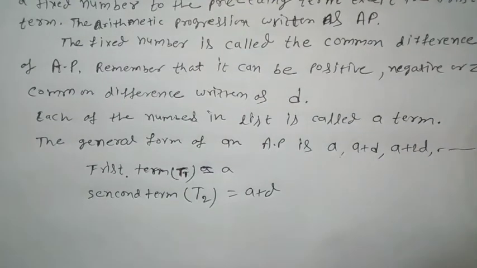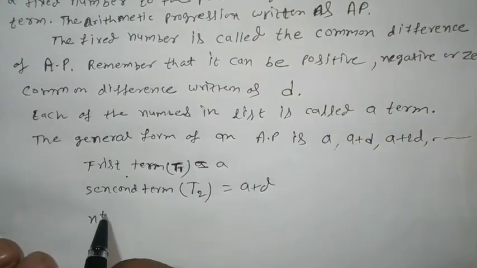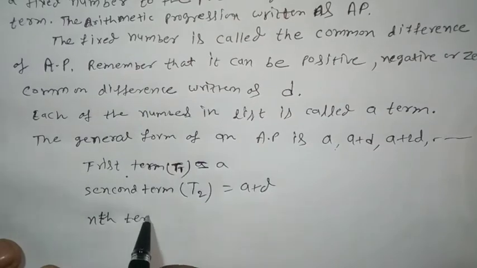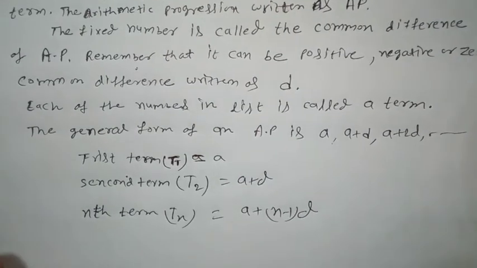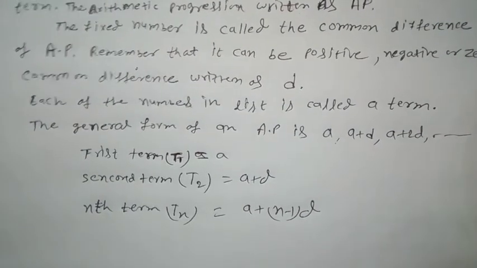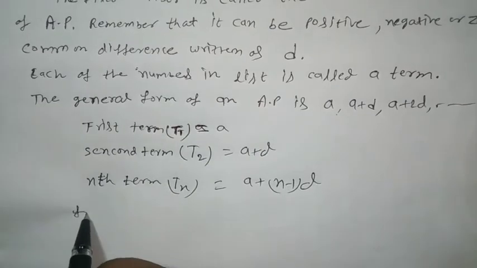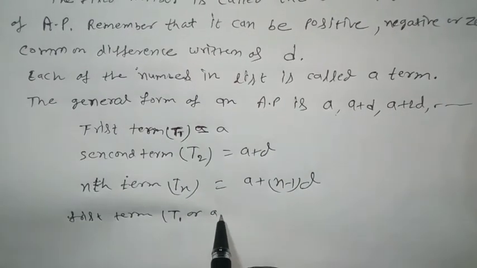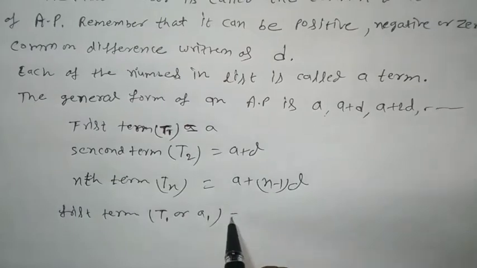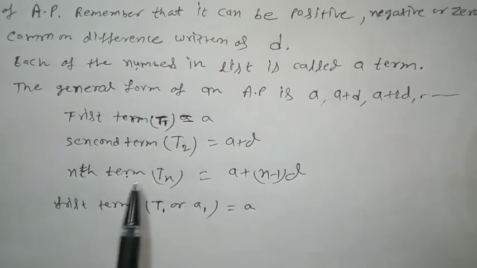Now the nth term Tn is equal to A plus n minus 1 into D. We also denote the first term as T1 or A1, which is equal to A. Similarly the second term T2 or A2, nth term Tn or An.